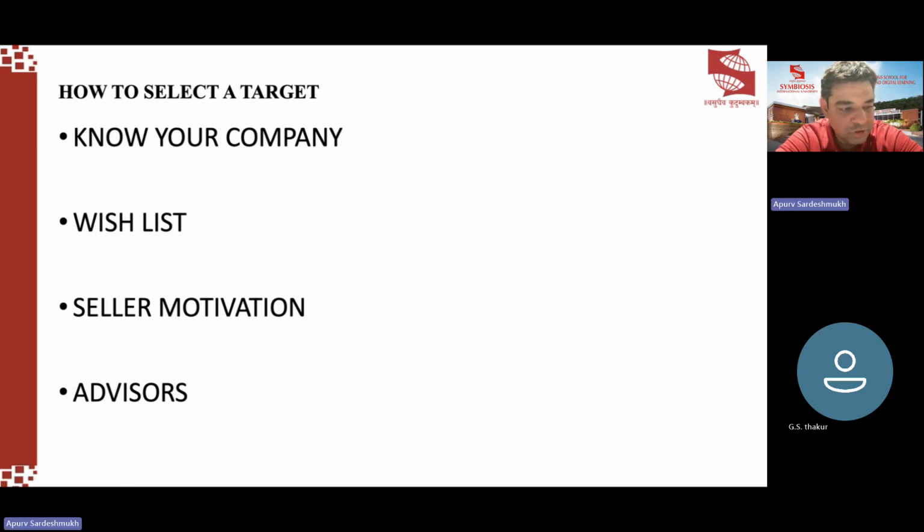You know, it should be manufacturing a particular product. It should have a particular profitability. It should have a particular culture. All of these should be on your wish list. Number of employees, the kind of employees, that could be on your wish list, and the target company should also match up to that wish list.